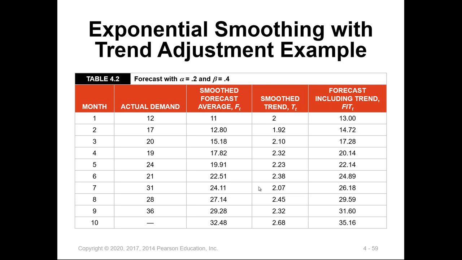Calculating the forecast average, the trend and the forecast with trend for the rest of the months, the forecast for the 10th month will be 32.48, the trend will be 2.68, and the forecast including trend will be 35.16.